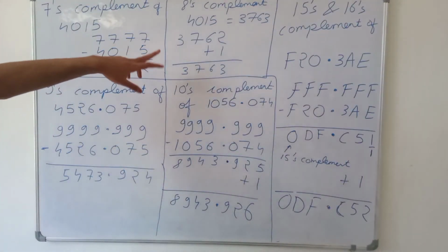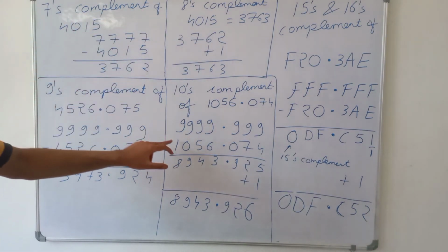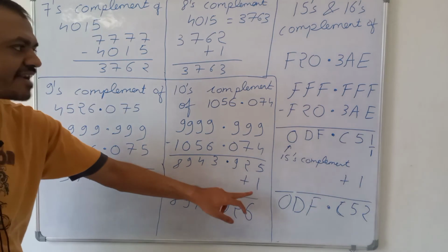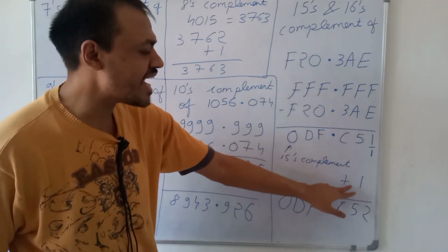For 8's complement, first find the 7's complement, then add 1. For 10's complement, first find the 9's complement, then add 1. For 16's complement, first find the 15's complement, then add 1.